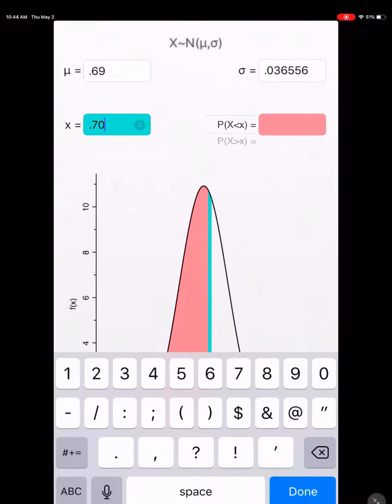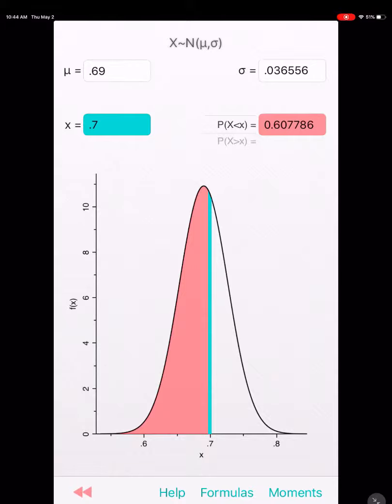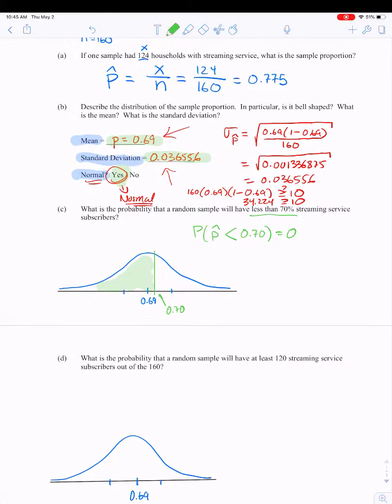So again, you could put this at 0.7, and it's the same thing. So I go back to my note, and I will just write in 0.607786. And that is the probability that it's on the left. That's the area that's on the left side over there.